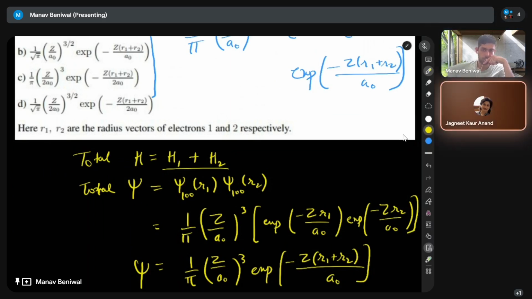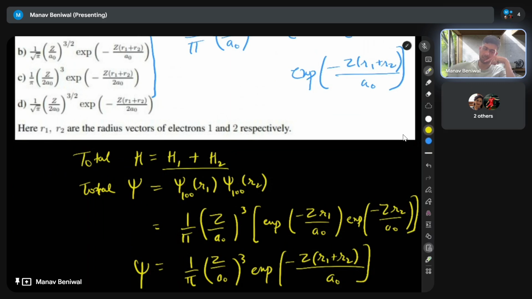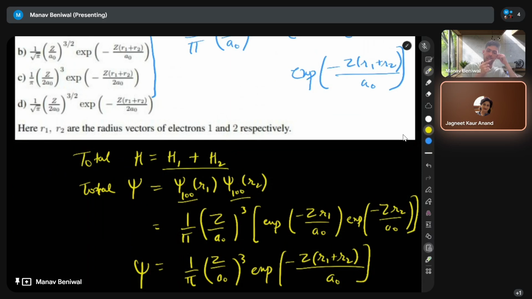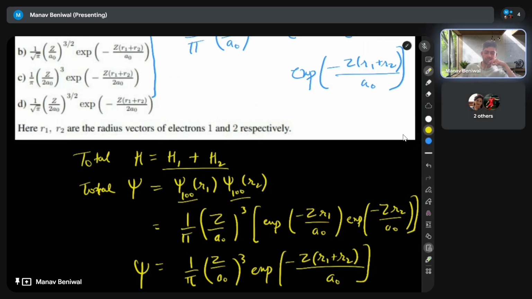I think they are not repelling each other so much because they are in the same n equals one state, so they are actually already very close to each other. That is correct, they are in the same state. So that's why they are not repelling each other so much. Yes, you can take this approximation and you will get some reasonable numbers. It will not be very off. Yeah, you are correct.